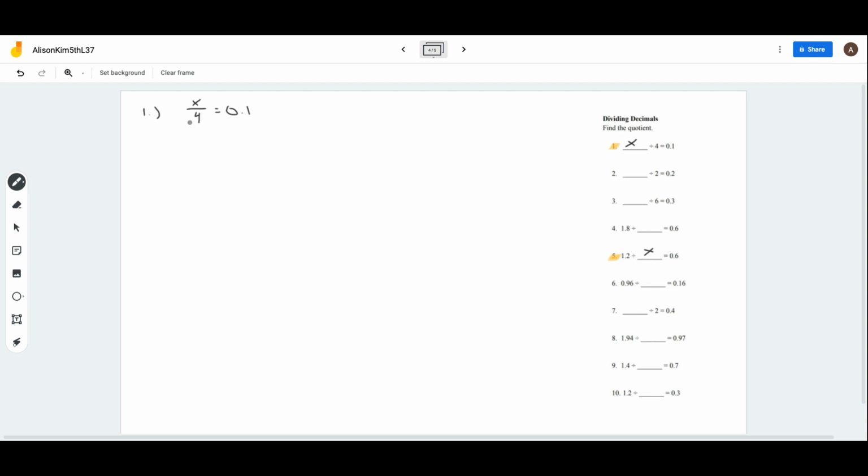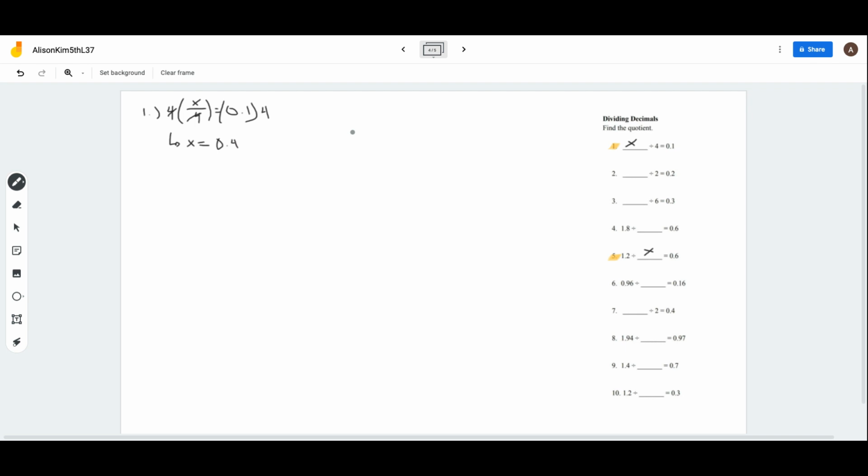Now, we want the x to be by itself, so we're going to multiply the left side by 4. And the 4's cancel out, and we're just left with the x. However, if we multiply on the left side, then we must also multiply on the right side. So we're going to multiply 0.1 by 4. So while on the left side, we're left with just x, on the right side, we're left with 0.4.